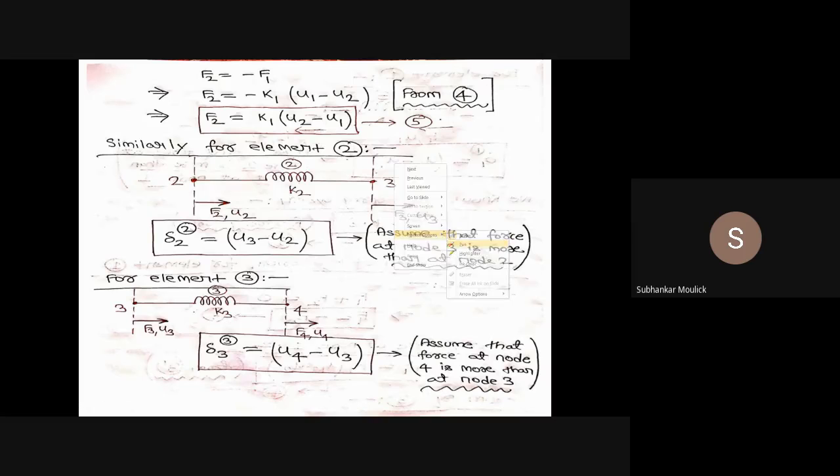If I assume that F3 is greater than F2, then I can write delta 2 for the second element as U3 minus U2. Then this nodal point will be in tension and this nodal point will be in compression. Delta 2 is equal to U3 minus U2. Any doubt?